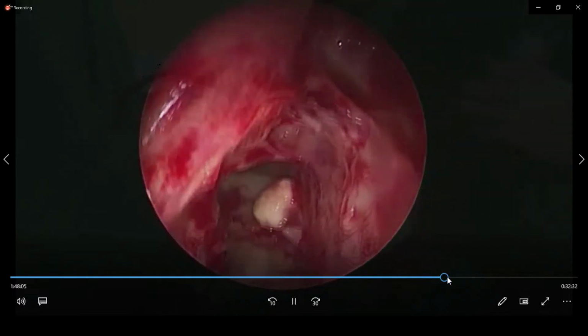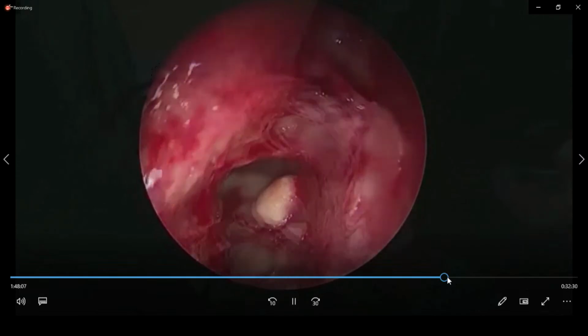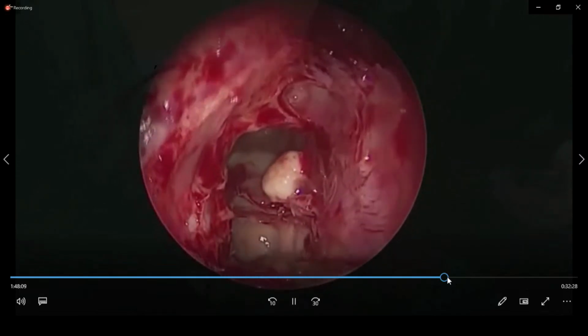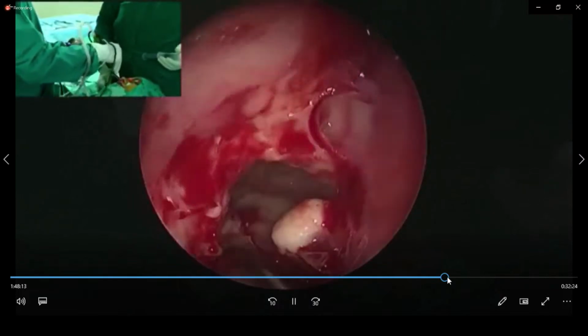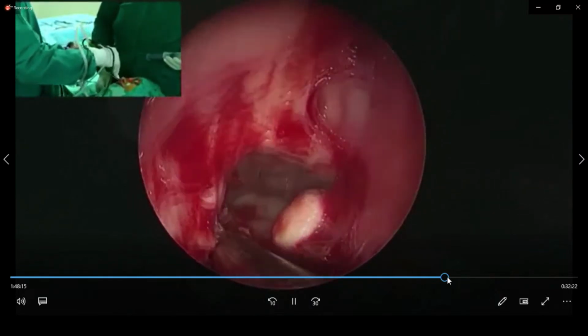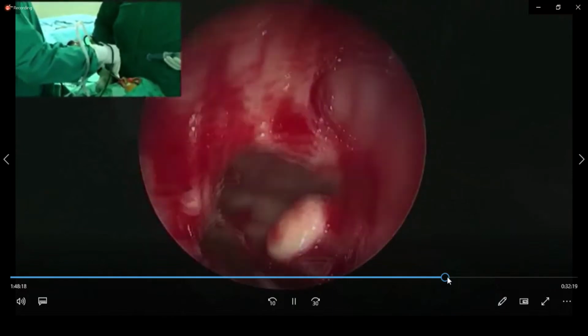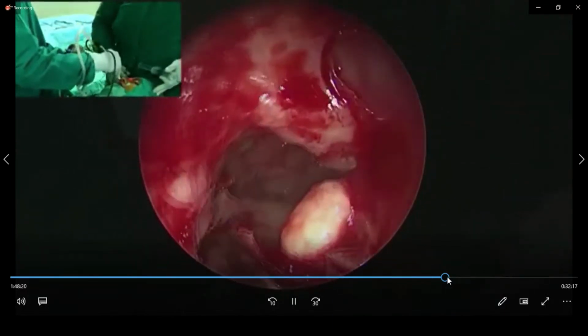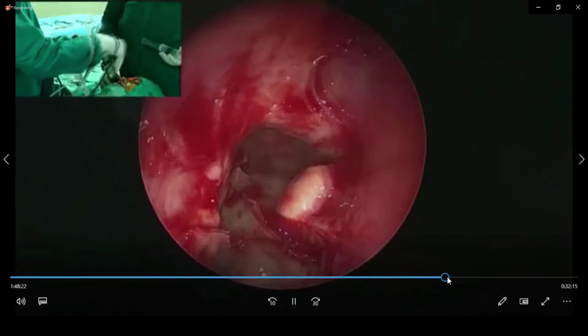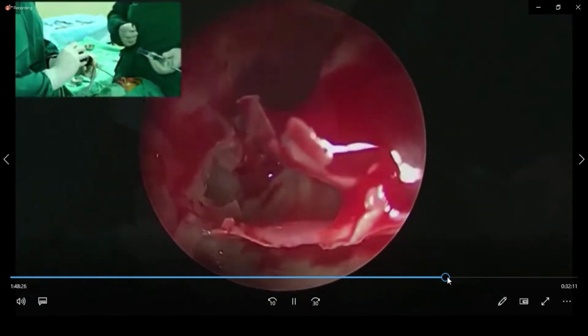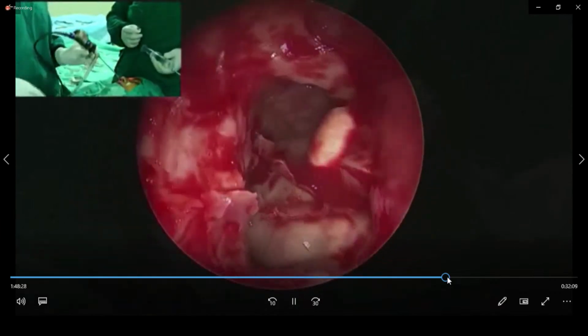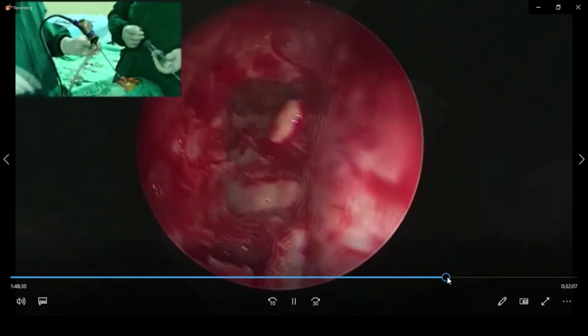So far, the bulla is intact and we are not bothered about the anterior ethmoidal artery. See this septation being removed between the supraorbital cell and the frontal sinus. See this deep supraorbital recess? And this is the party wall.